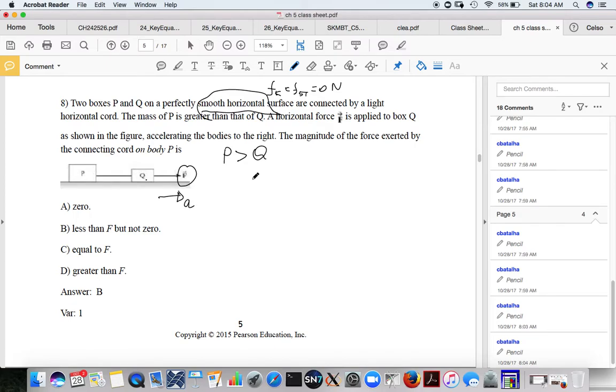The magnitude of the force exerted by the connecting cord on body P. So let's take a free body diagram of block P. What are the forces acting on P? I do have its weight. And I do have its normal force.